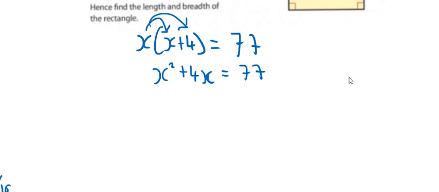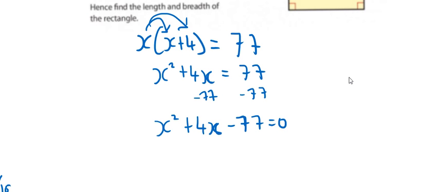Then I'm going to move this 77 over to the other side. So x squared plus 4x minus 77 equals 0. So if I factorize that, it's going to be two numbers that multiply to give me minus 77 and add to give me 4.